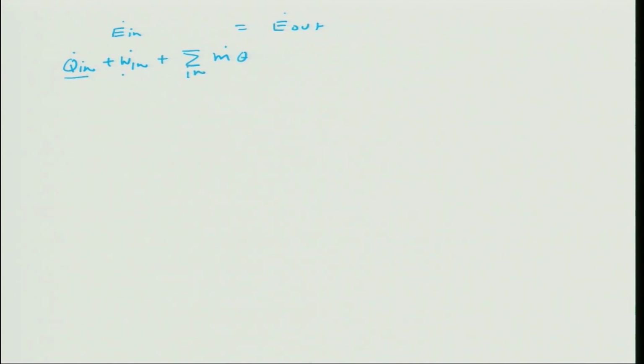So, this is your heat, work and mass transfer, mass energy of the flowing mass in the system, and this would be your Q out plus W out plus your m dot theta for the outstream. Okay. So, now of course, we know that this theta is nothing but your h plus v square by 2 plus g z.